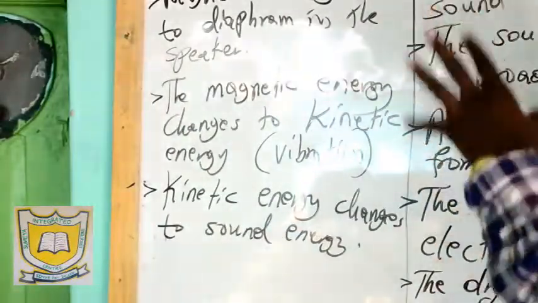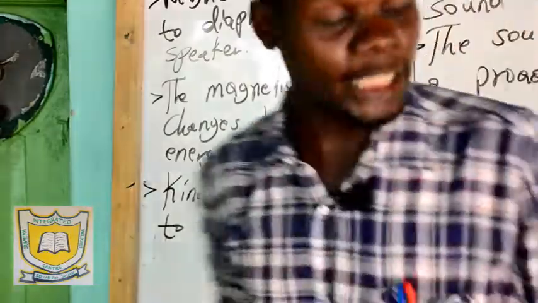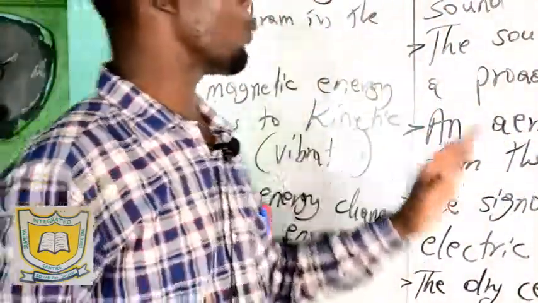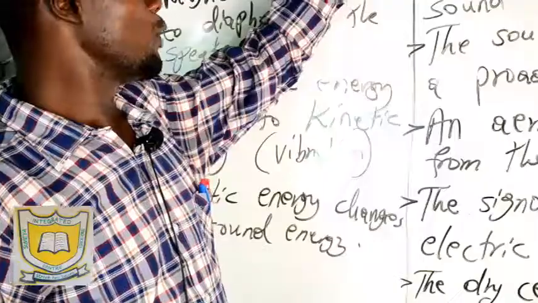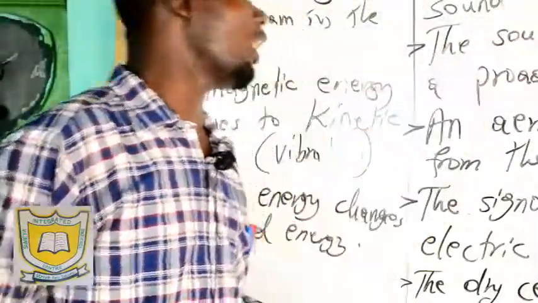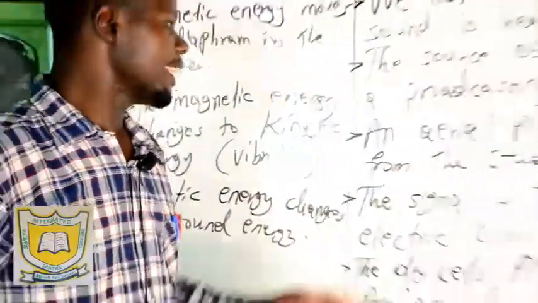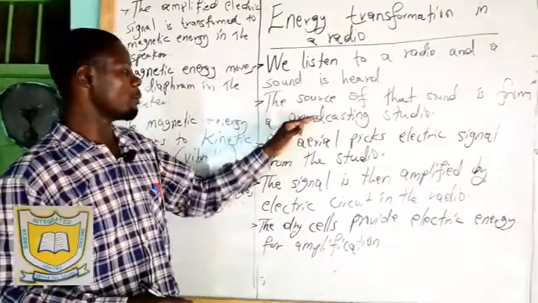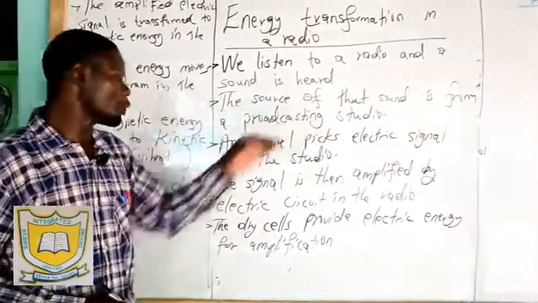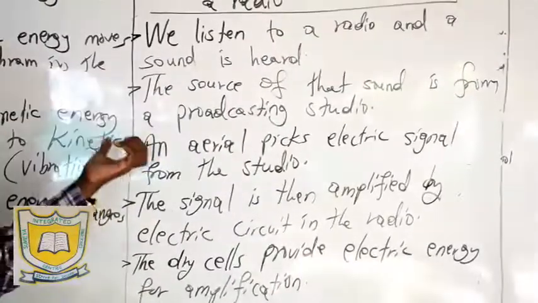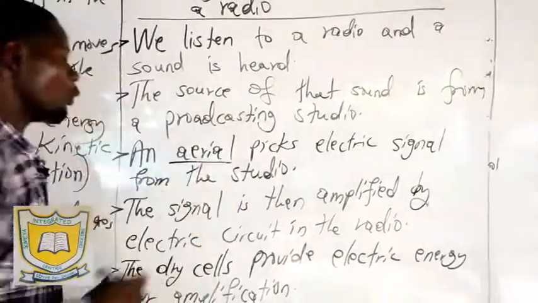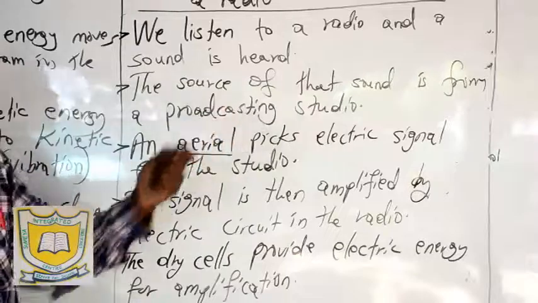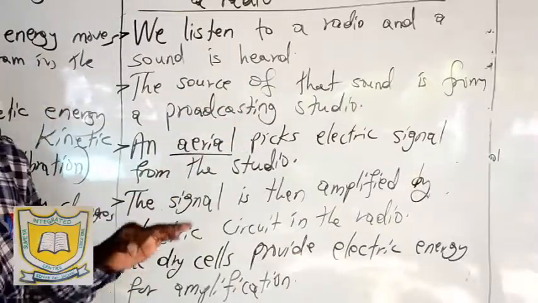Now this is all the energy transformation in a radio. We started like this. We listen to a radio and a sound is heard. The source of sound is not the radio. The source of sound, I said, is the broadcasting studio. There is an aerial of the radio that picks the electrical signal from the broadcasting studio.